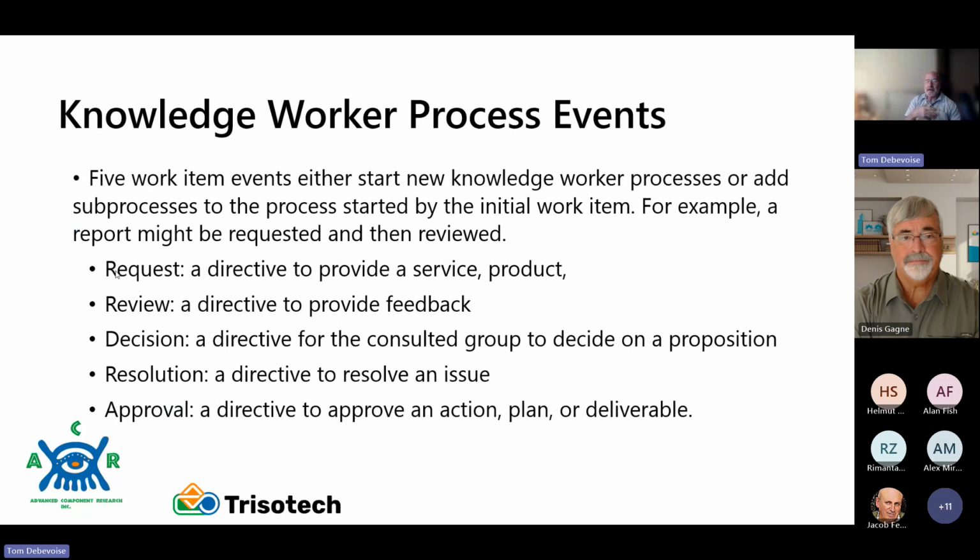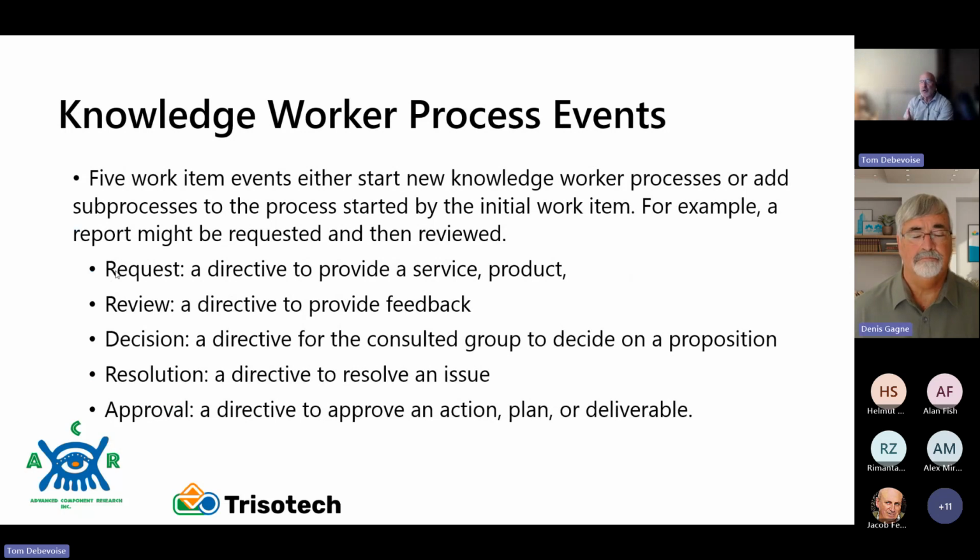A knowledge worker process itself has five different work items, as I call them. It's loosely based on a lot of different research and review, but this is what I'm saying is the new calculus of the knowledge worker.